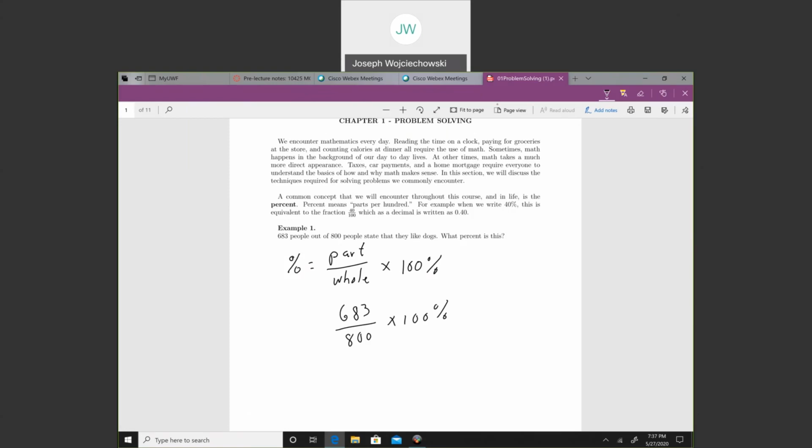So take 683 divided by 800, which gives us 0.85375 times 100%. In your calculator, you just hit 100. And that gives us 85.375%. And that's it.